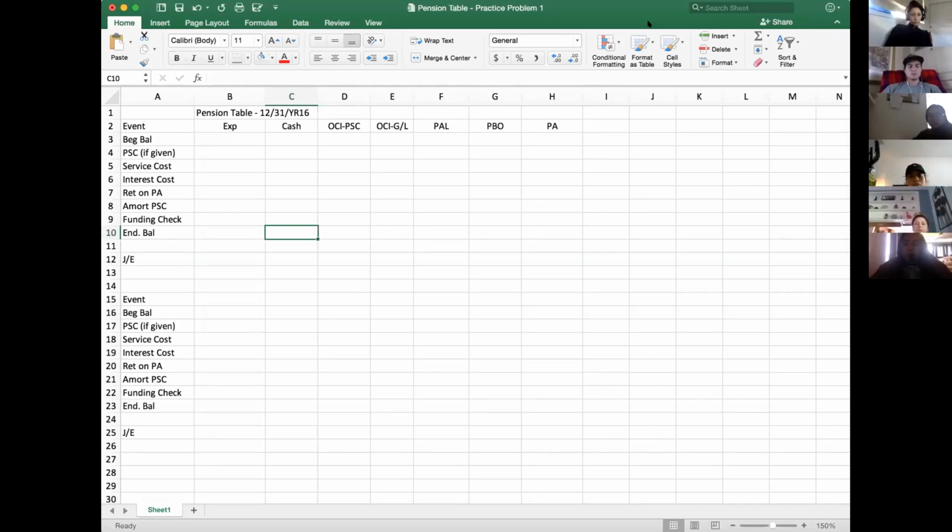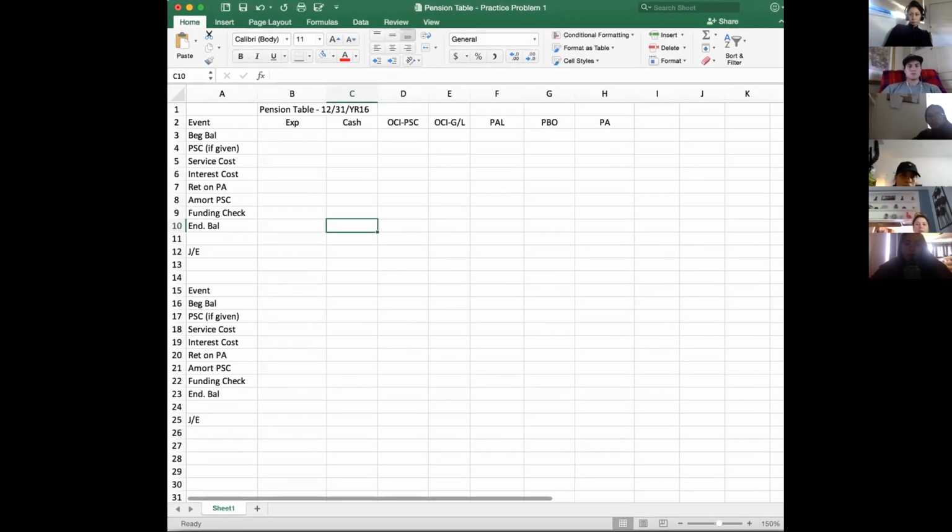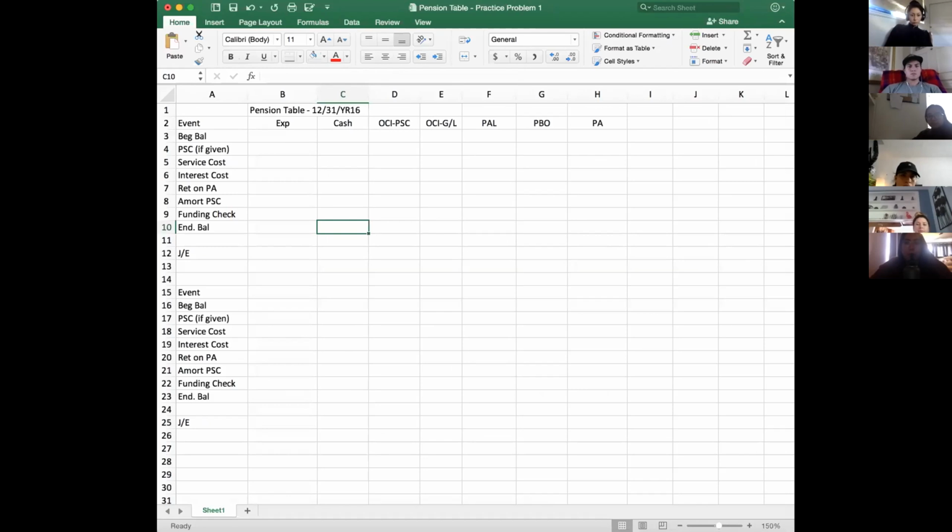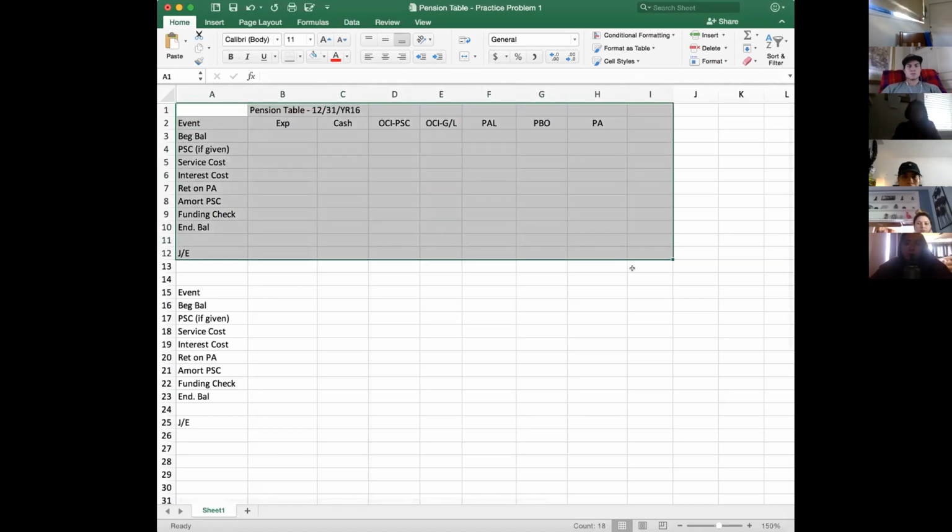So if you want to take notes, you can quickly write down these headings in your Excel file. So, pension table for December 31, year 16. So let's start with this, the upper pension table.